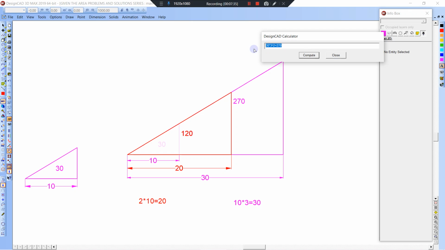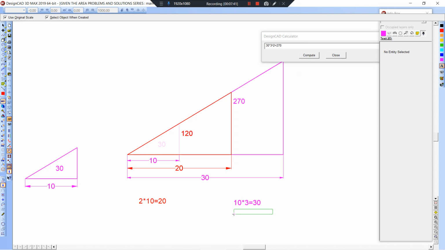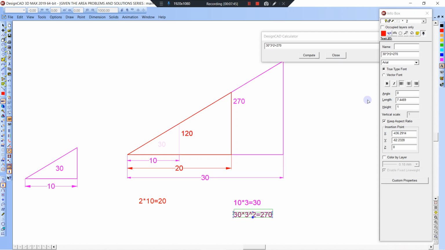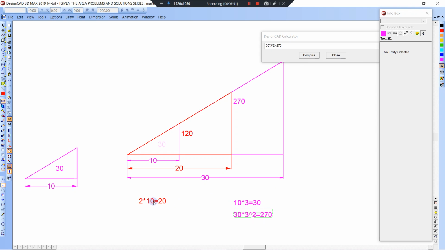Anyways, I thought I'd clarify it because it was always kind of a difficult one for me to apply. But then you can start to use ratios, and that's kind of what we're doing here. It's just done a little differently. So 2 times 10 is 20, and then 30 times 2 squared equals 120.